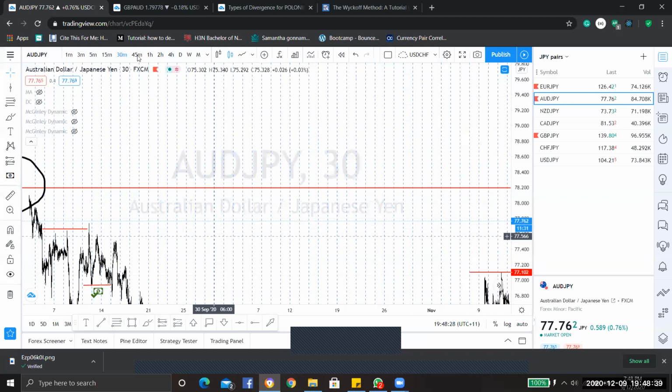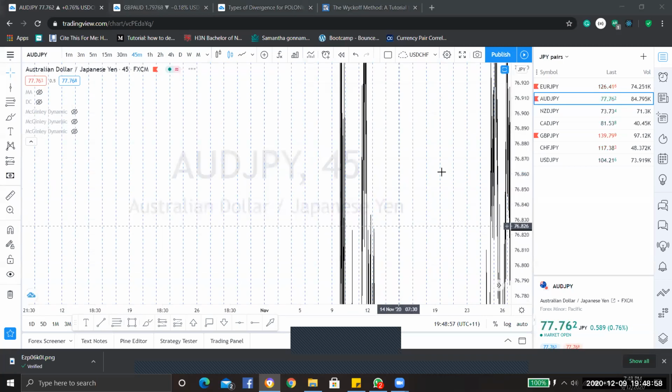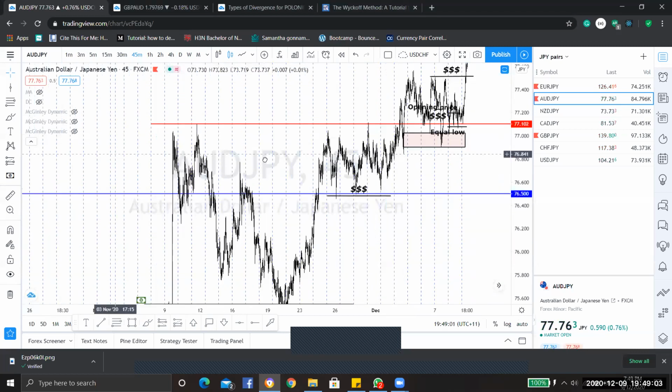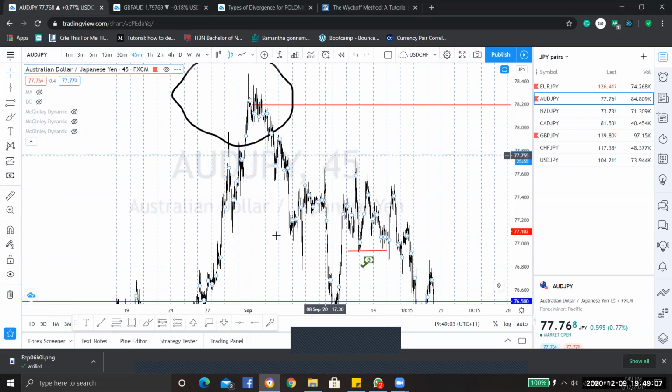No data feed. This is what happens when you want to backtest, when you want to go to the previous time frame to see what was inside that zone, because that is very important to see. I think in the 45-minute time frame it will show.